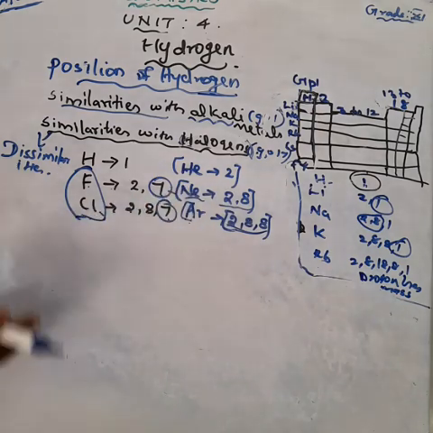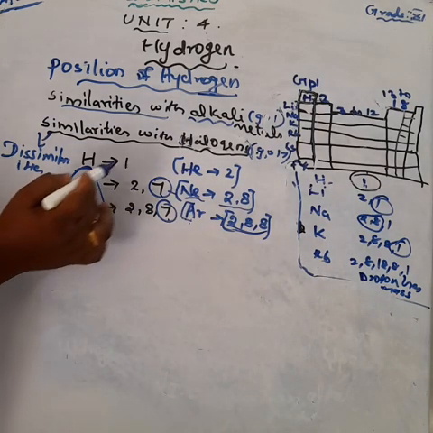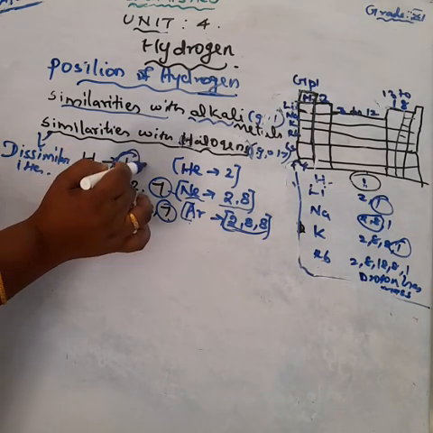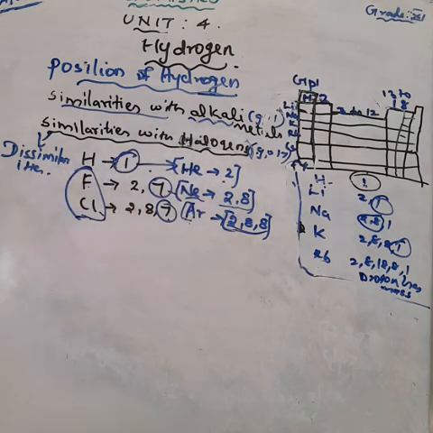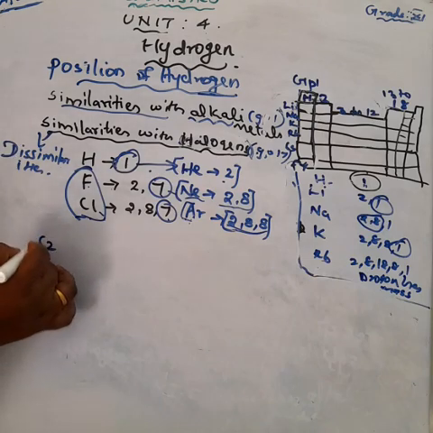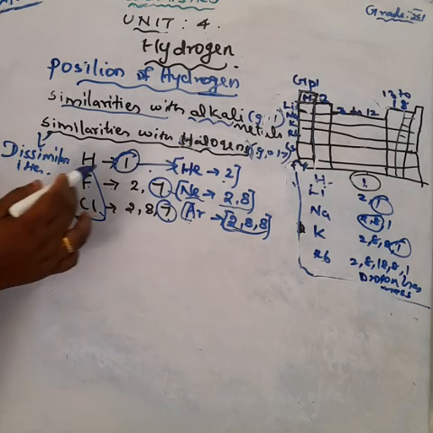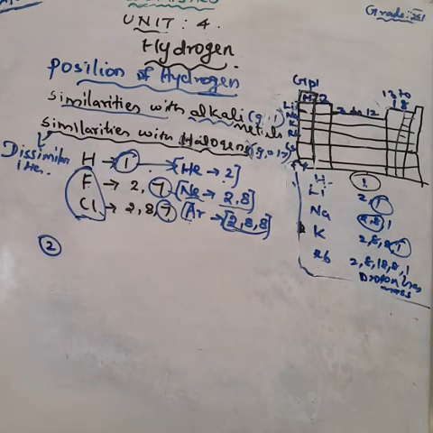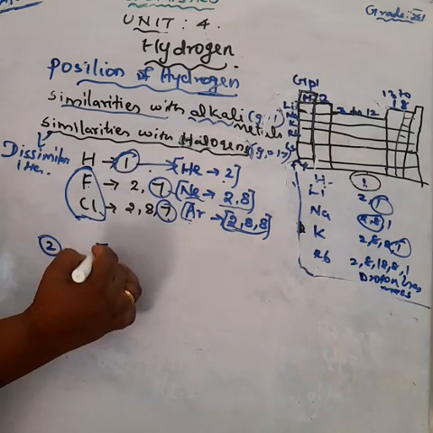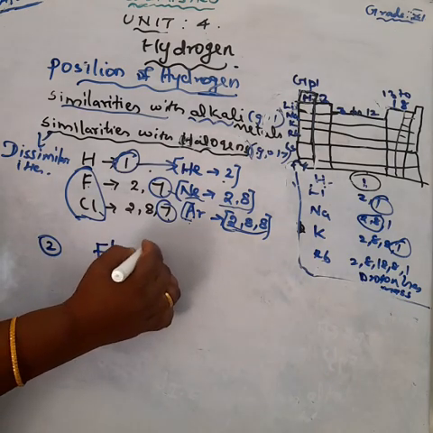Like all the halogens, hydrogen has one electron less than the nearest noble gas. So like all the halogens, hydrogen also tries to get the noble gas configuration. All the halogens gain an electron to complete the octet configuration.